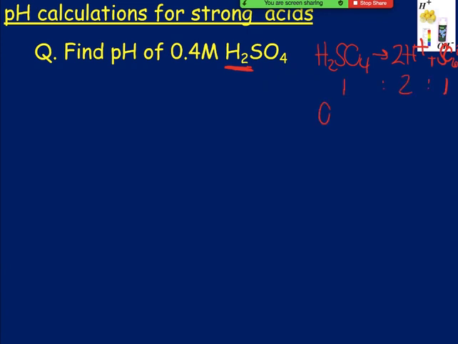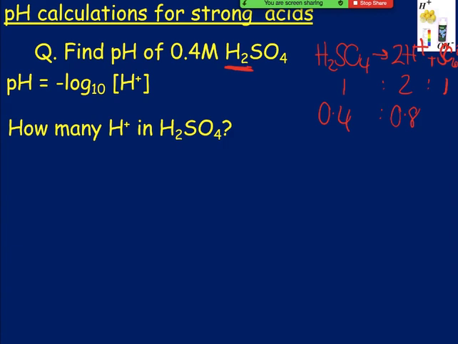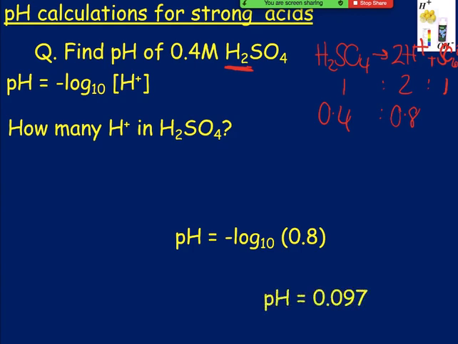If this is my 1, my 2 must be 0.8, and I'm then plugging that into your formula, and it's going to become 0.1 because there's only one significant figure. Happy with that?